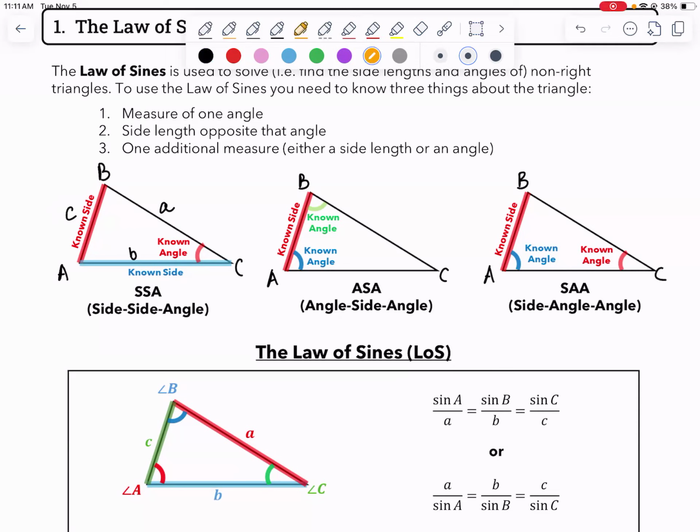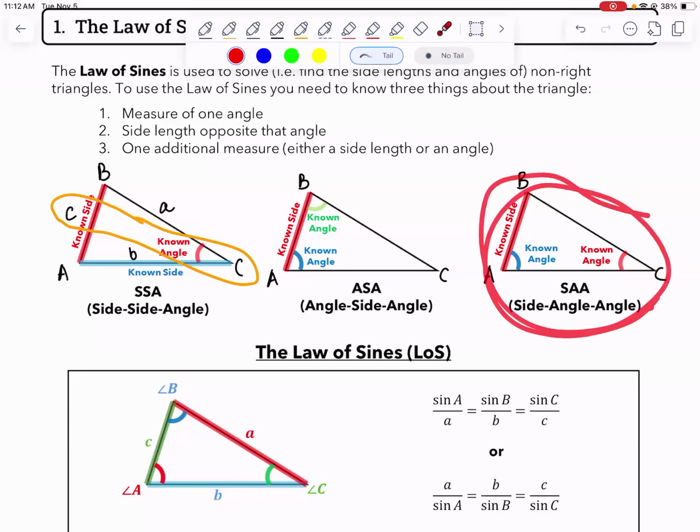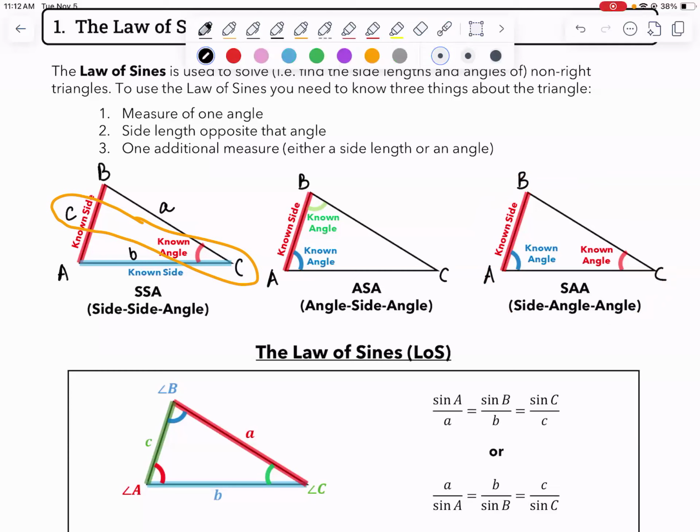So we need to know a side and the angle opposite it, and then an additional piece of information. That information could be a side. So in this case, we know b. So that's enough. And if you look over here in the side angle situation, label those sides as well.